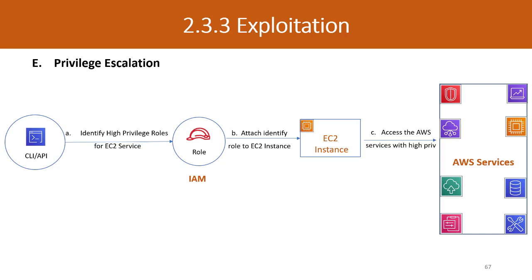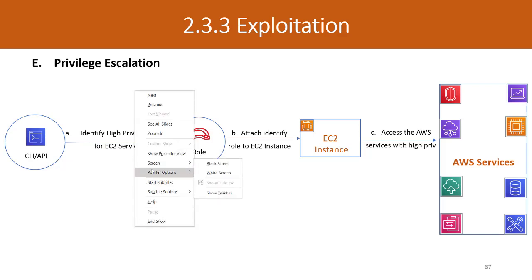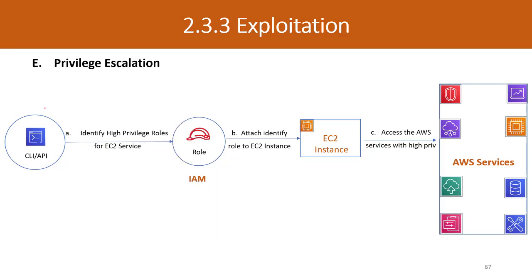So let's discuss a simple example here. You can see in this diagram, suppose we compromised a user and this user only has access to EC2. That means this user can create an EC2 instance, destroy the EC2 instance, and perform actions on EC2. Another permission is that this user can attach roles to this EC2 instance.